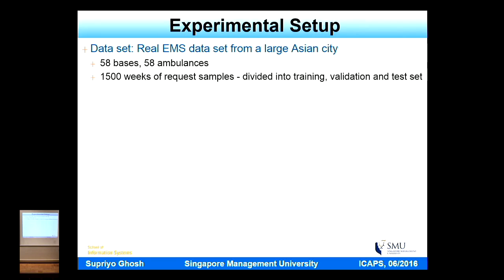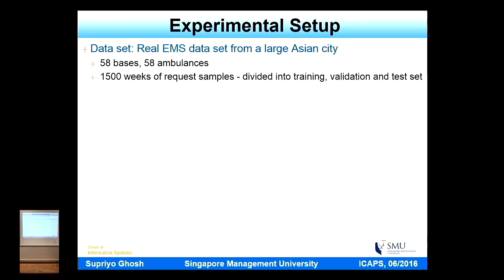For the experiment, we have done our experiment on a real world data set from a large Asian city, which has 58 bases and 58 ambulances, and we have 1,500 weeks of request log, which is generated using a Poisson distribution based on the real world demand for the last 2 months.